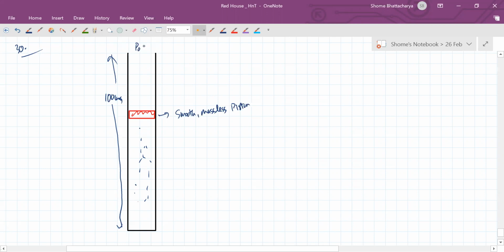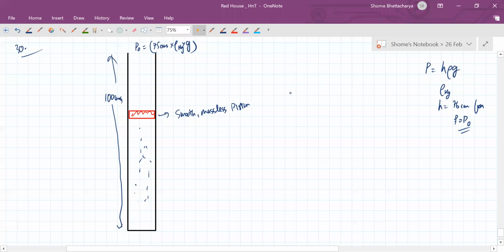And atmospheric pressure is equal to 75 centimeters. This is how we express the pressure in barometric terms. It is height into density into G. So when we take density of mercury, H is usually 76 centimeters for atmospheric pressure, but here they've given it as 75 centimeters.